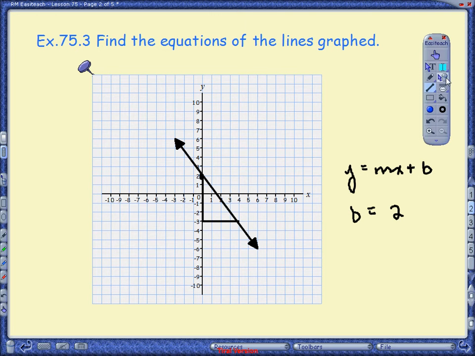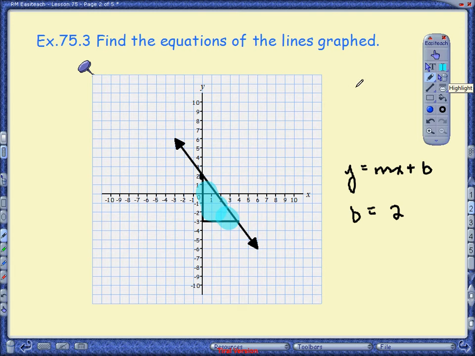Okay, I'm going to color in this. All right, in there is the triangle. Okay, and I'm going to get my pen back again. So I'm going to count 1 space, 2 spaces, 3, 4, 5.